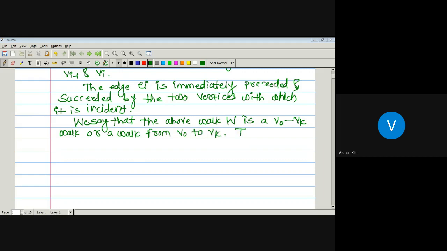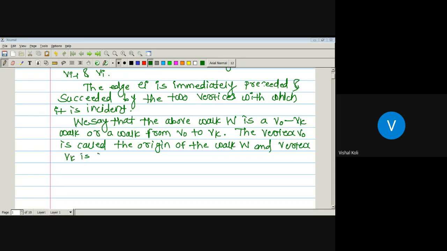The vertex V0 is called the origin of the walk W, and vertex Vk is called the terminus of the walk W.